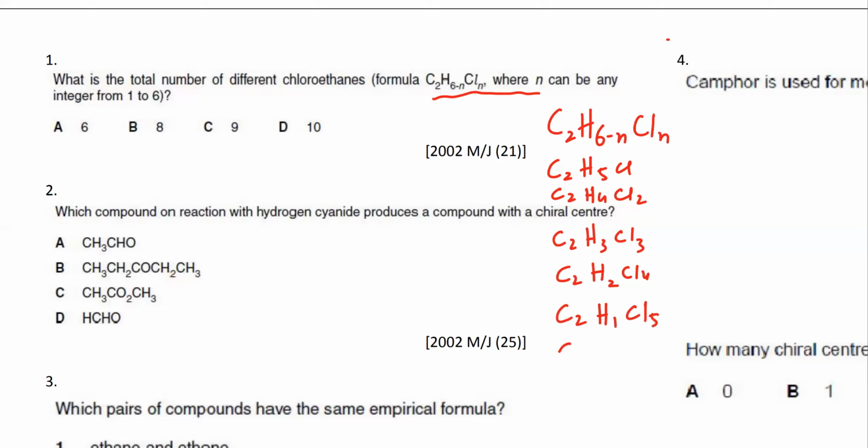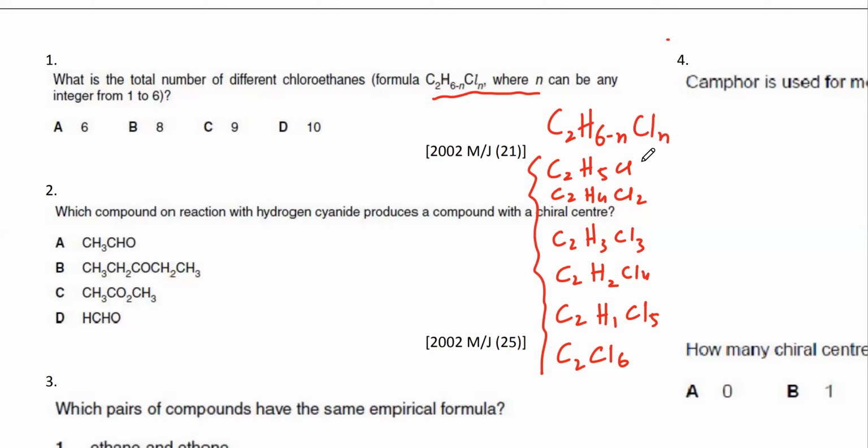And then n could be 6. So C2, H would become 0 and Cl would become 6. So you're going to get these many different molecules where n can be any integer from 1 to 6.